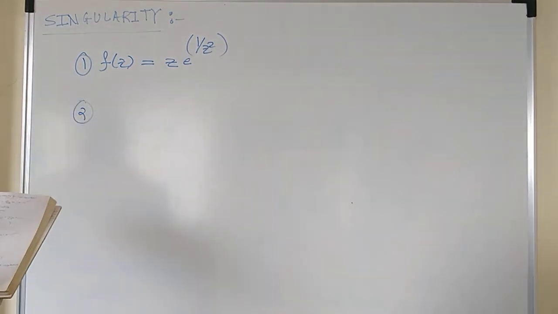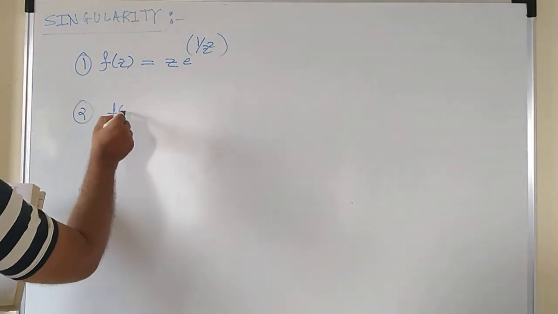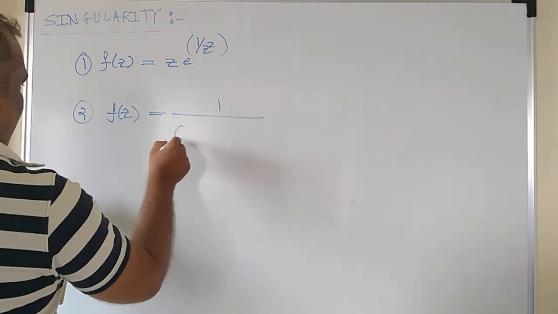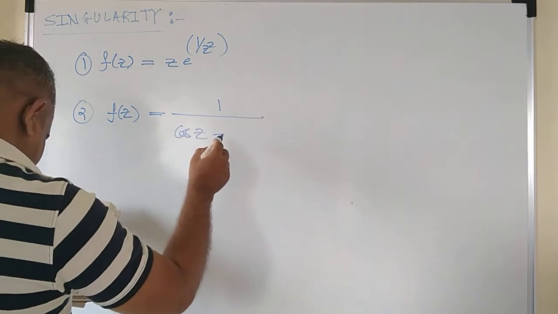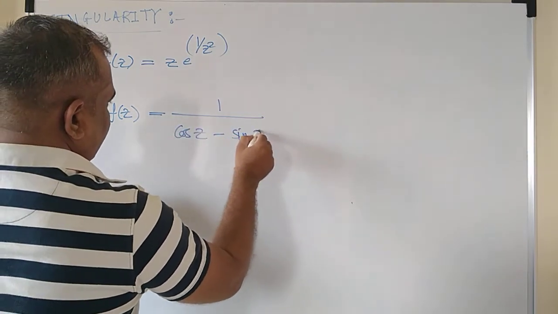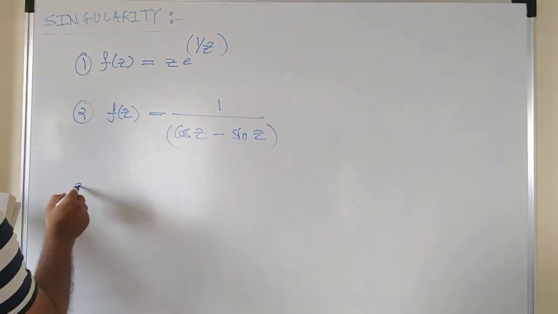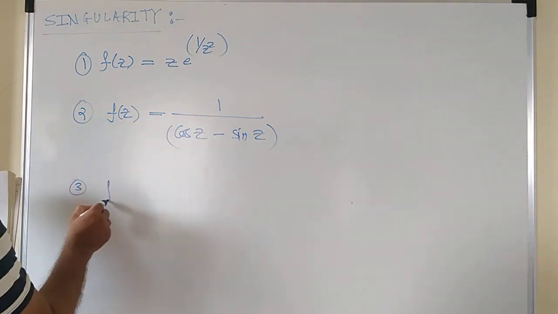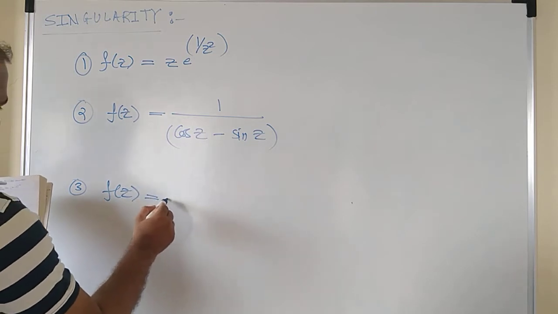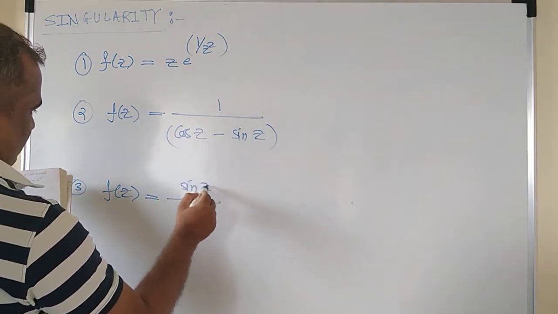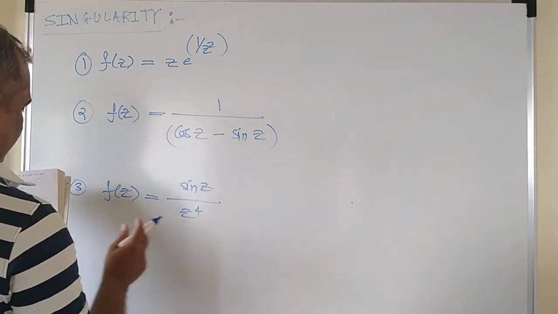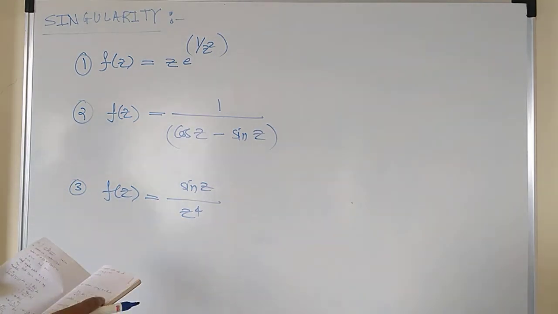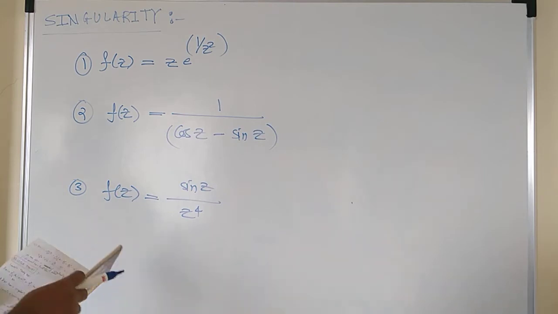Second, f(z) is equal to 1 upon cos z minus sin z. Third, sin z by z raised to power 4. These are all simple problems. You just practice at home.